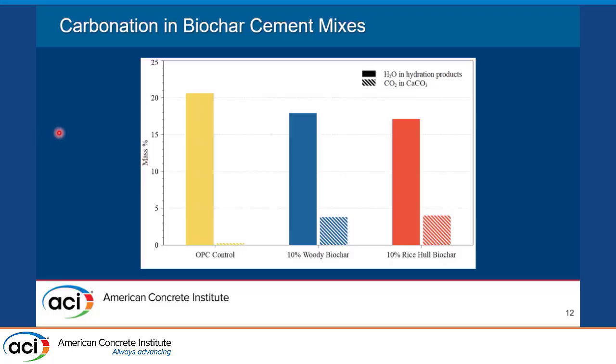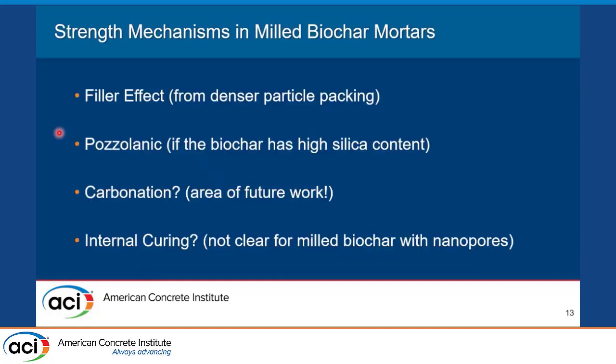I think it's worth additional research to figure out, is this carbonation beneficial or not for cement mortar strength development? Are these carbonates filling pores and increasing our strength and bonding the biochar to the actual cement matrix? Or are these carbonates forming and stealing calcium that would otherwise be converted into calcium hydroxide and calcium silicate hydrate?